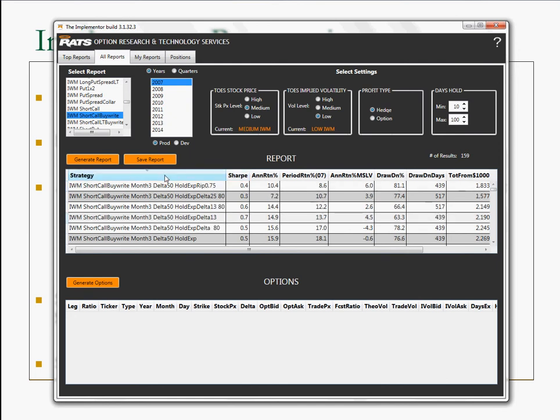You could sort these by strategy name and see that we go from a 10 delta, 15, 20, all the way up to a 50 delta. So we could sort by Sharpe ratio, sort by annual return, and we'll talk about these other column headers in a moment. So back to Sharpe. And then if you want to look at how these performed, the details, you right-click, show details.